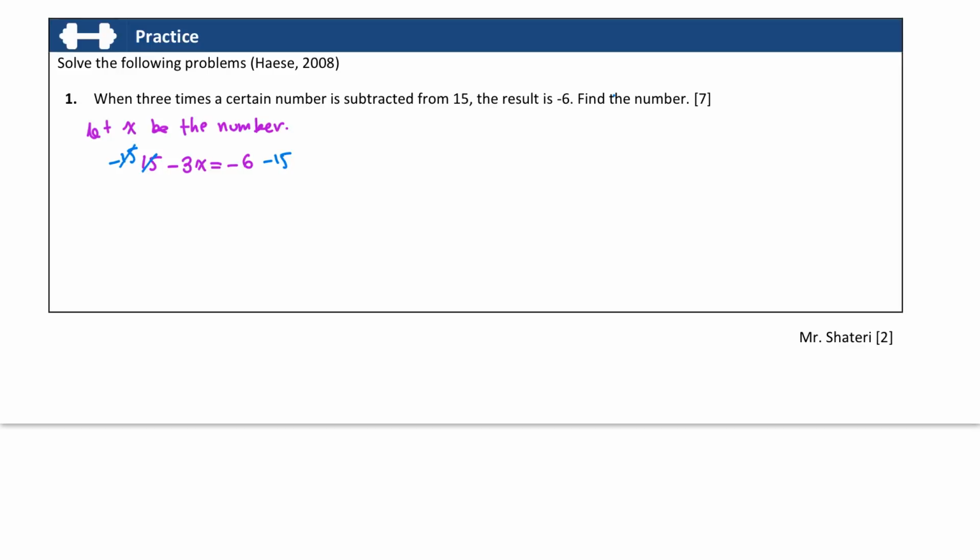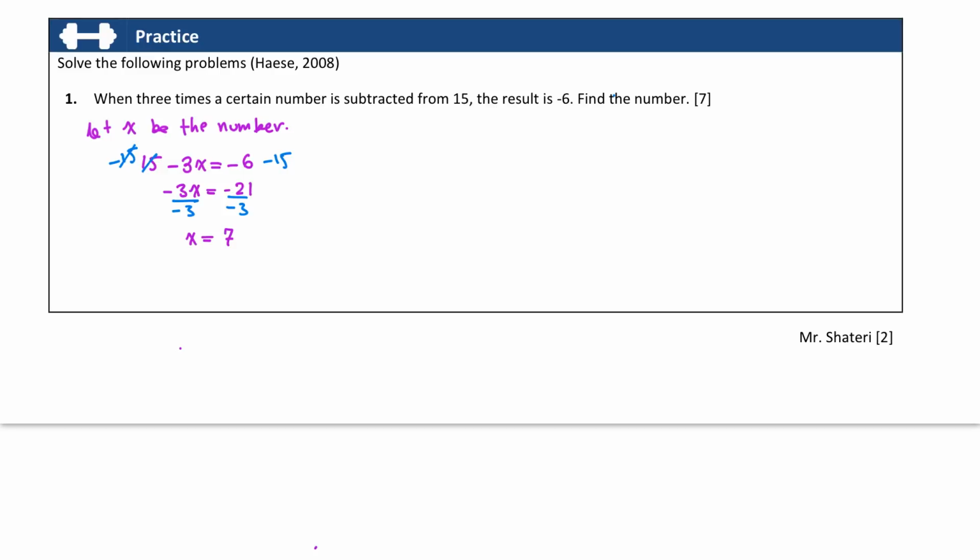And these will cancel out, and I will be left with -3x is equal to -6 minus 15, which is -21. I will then divide both sides by -3, and I will get x is equal to 7.